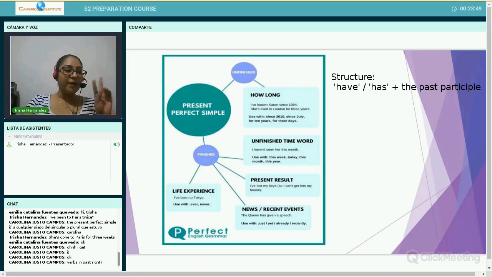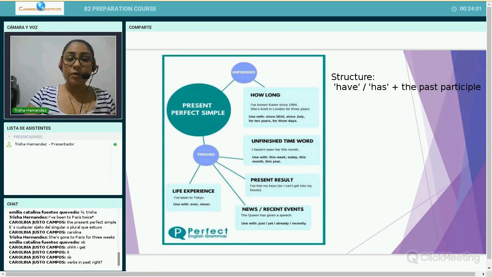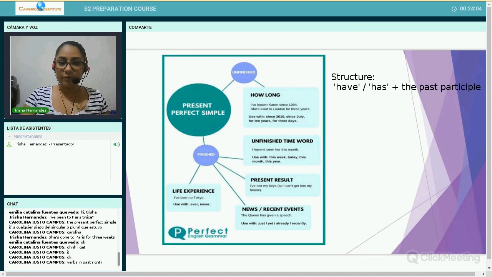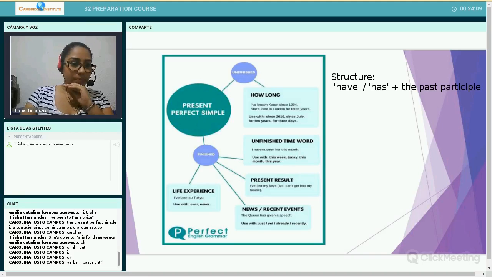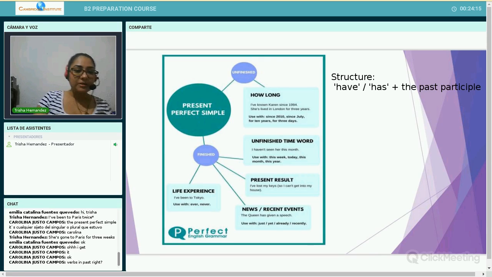In a verb sheet, you have the base form of the verb, the past simple form, and the past participle.